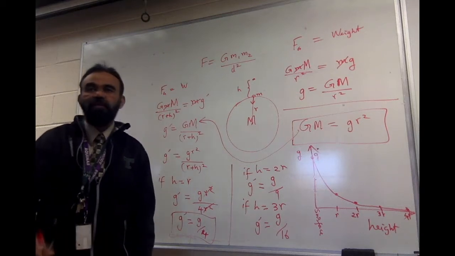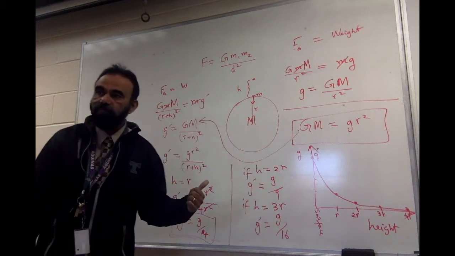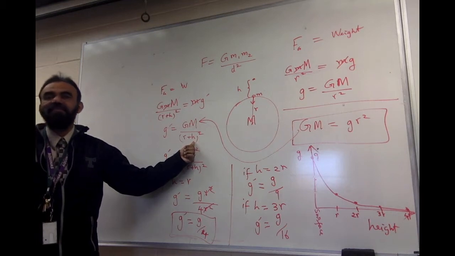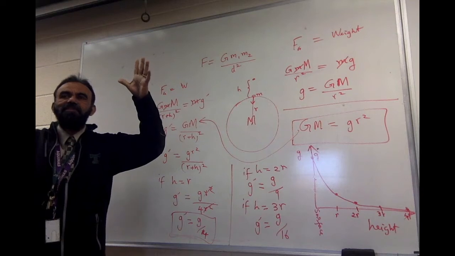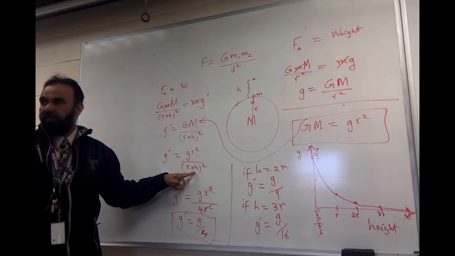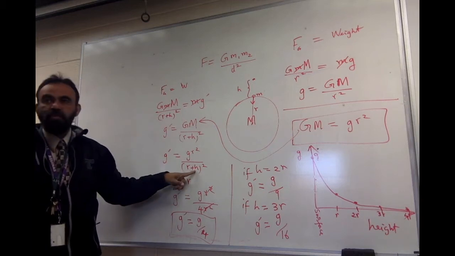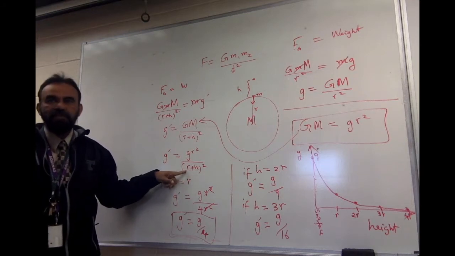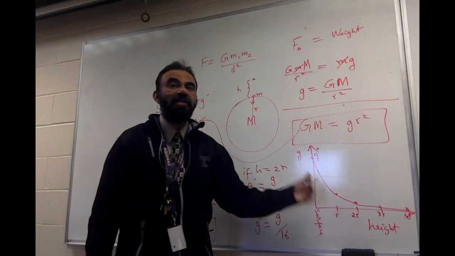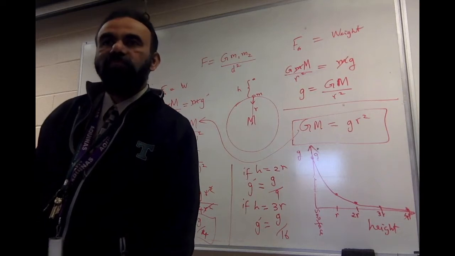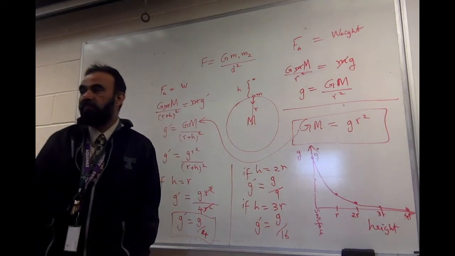So what if you go 9 radii away? These are things you can do by just imagining all those numbers going in there. It's g over 100, because 9 radii away in terms of height, 9r plus 1r is 10r. So it's going to be 100 times smaller than your 9.8, which is 0.098.